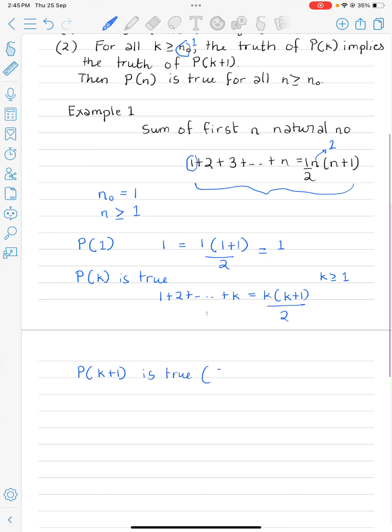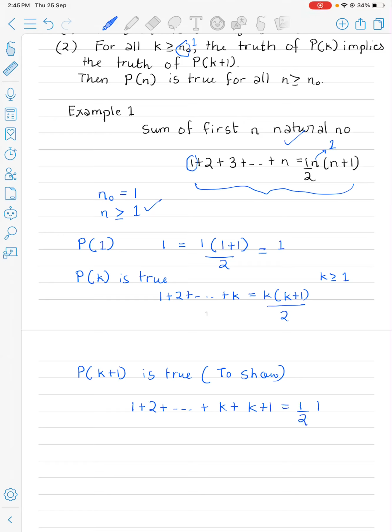If we can show it, then our statement is valid for all natural numbers greater than or equal to 1. So how do we do it? What does it mean for Pk plus 1 to be true? That is, 1, 2, till k plus 1 is equal to half of k plus 1, because instead of n we should take k plus 1, so this will be k plus 2.